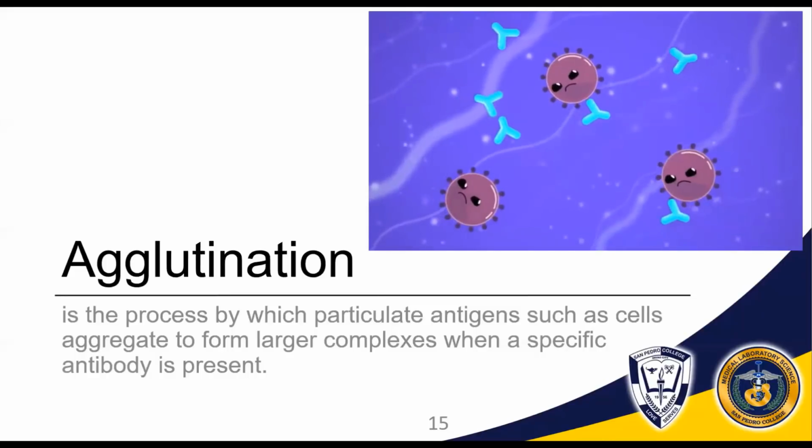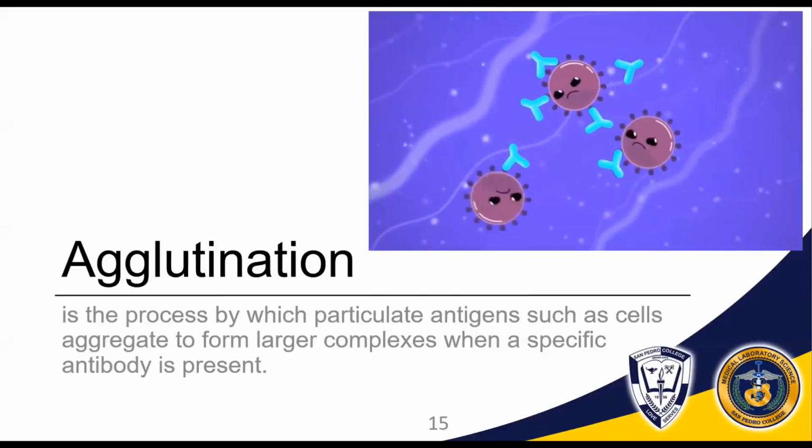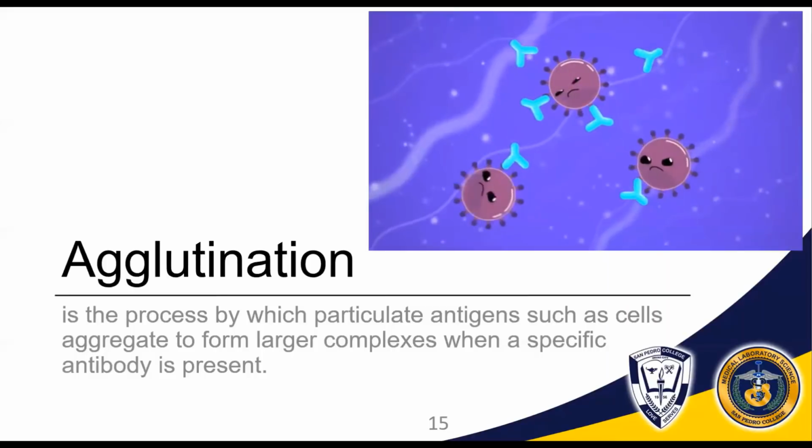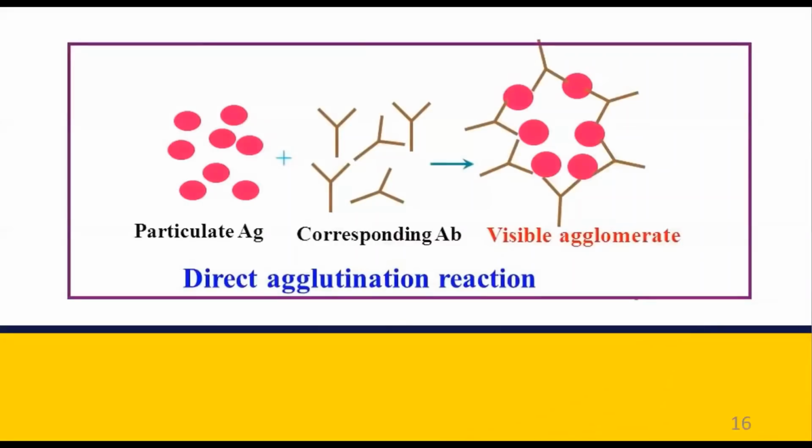So, for now, i-run through lang natin the overview of what is agglutination, the principle of agglutination. So as I have mentioned earlier, class, antigens in the presence of the corresponding antibodies will bind together. Now, this cross-linked binding is visibly seen as agglutination or clumping.